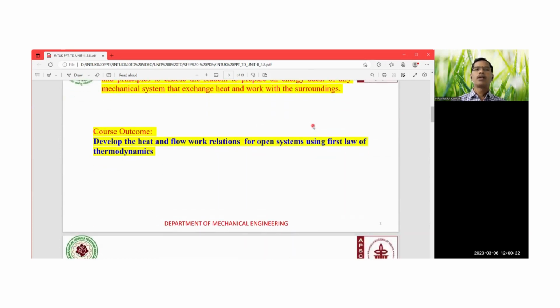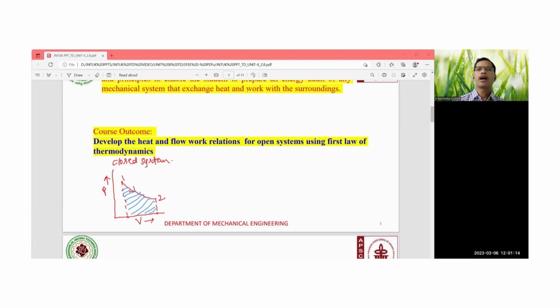Now coming to the lecture. Generally, for a closed system, when you draw the PV plane, when a system changes from state 1 to state 2 in pressure P and volume V, this is the area under the PV plane.